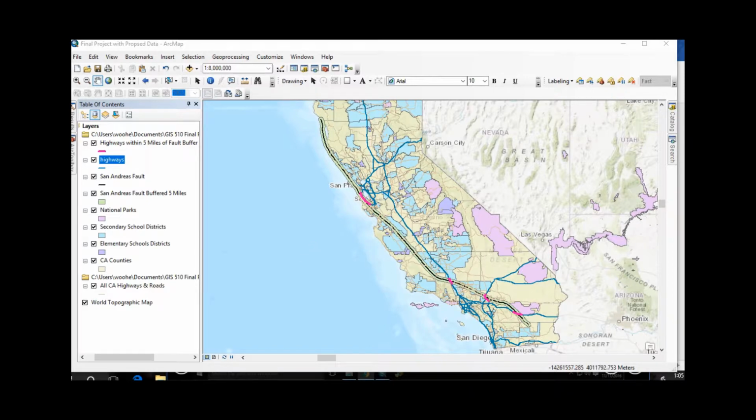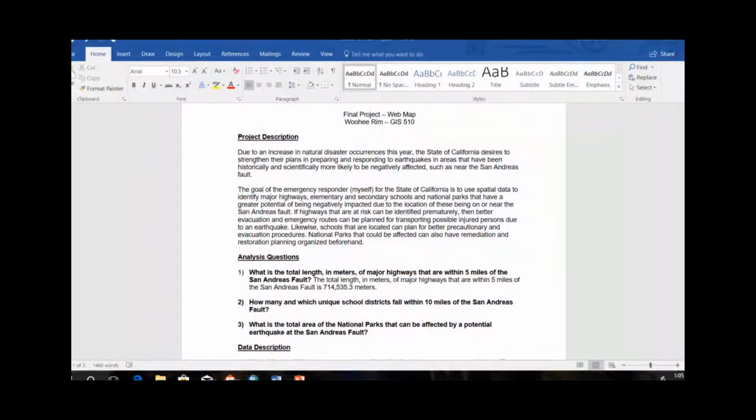So here is my 150-word project description; this is exactly what I have just said. The goal of the emergency responder, which is myself in this case, the state of California, is to use spatial data to identify major highways, elementary and secondary schools, and national parks that have a greater potential of being negatively impacted due to their location on or near the San Andreas Fault.